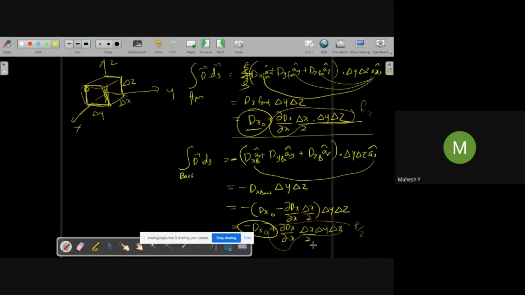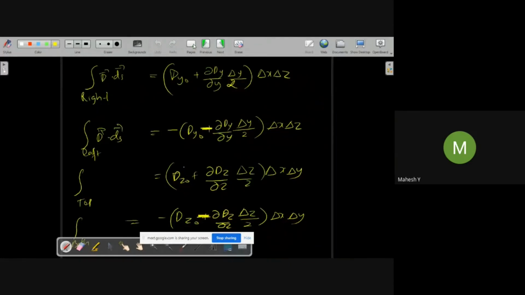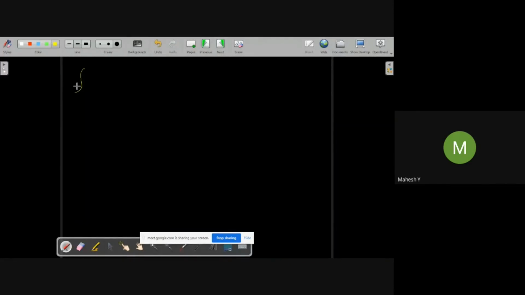So closed integral d dot ds is equal to front plus back plus right plus left plus top plus bottom.